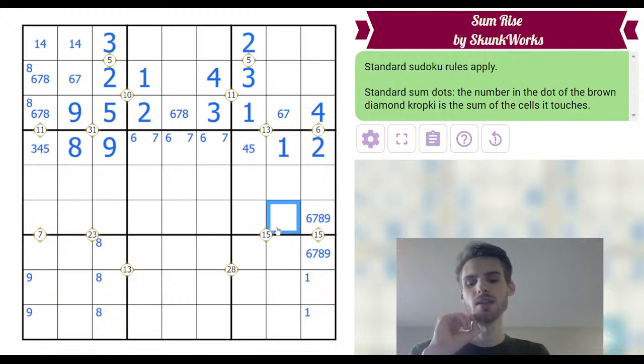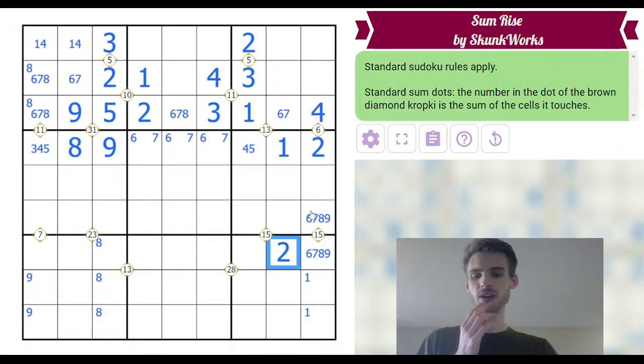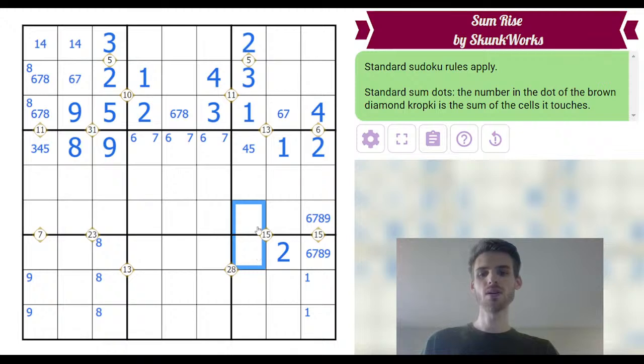And this would be 3, 4, 9 plus 7? Yeah, so this needs a 2. 9 plus 7 is 16. Oh, this can't even be 4, 5, because there's a 4, 5 here.